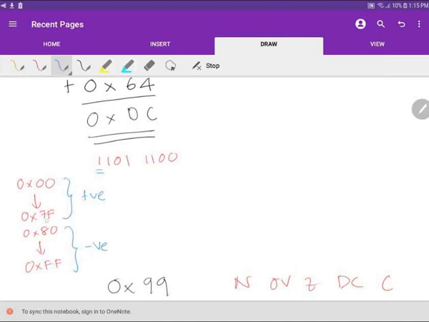You see the last number, which is 7F. 7 is 0, 1, 1, 1. F is 1, 1, 1, 1. After that is 8. So 80 until FF, all the most significant bits always start with 1. The most significant bits are 1, and therefore they are all negative. So this is an easy way for you to identify.